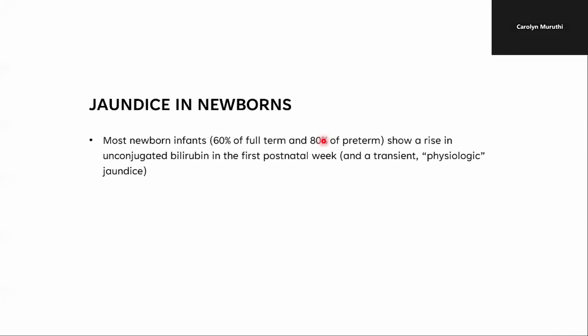Finally, we have the jaundice in newborns, that is neonatal jaundice. Most newborns show a rise in unconjugated bilirubin in the first postnatal week. And this is as a result of low activity of the hepatic bilirubin UDP glucuronyl transferase at birth.